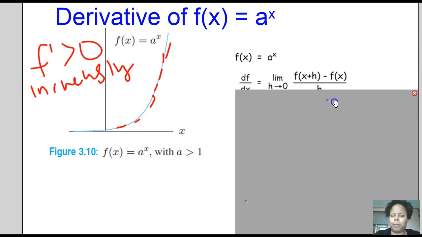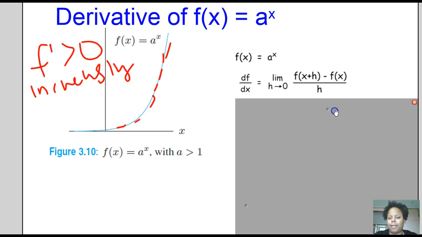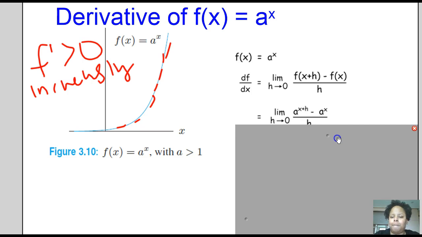If f of x is equal to a to the x, the derivative of f at x will be the limit as h approaches 0 of this difference quotient. In this case, f of x plus h is a to the x plus h, and f of x is a to the x.